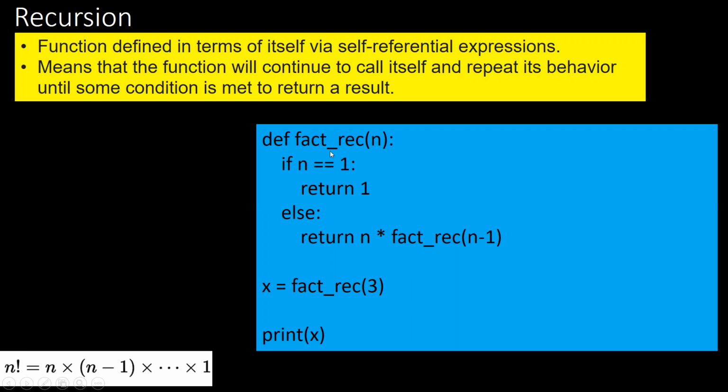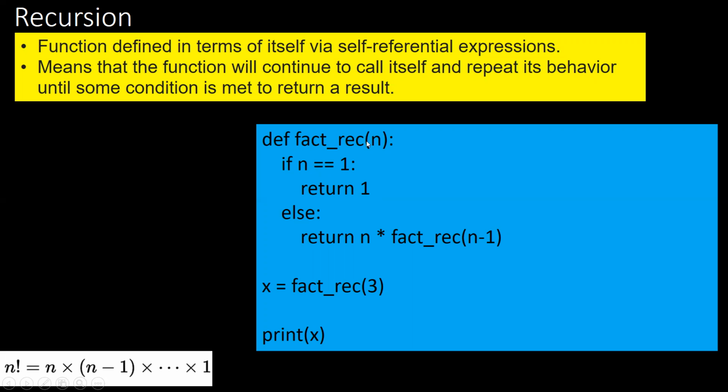Now, what the program says: this factorial recursion is a function and n is a parameter. We have defined this function and said that if the value of n is 1, then it returns 1 wherever this function is called.